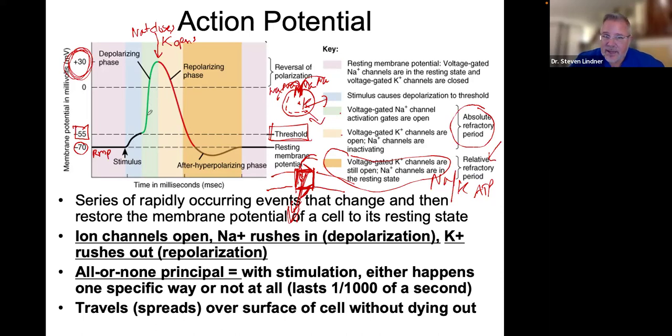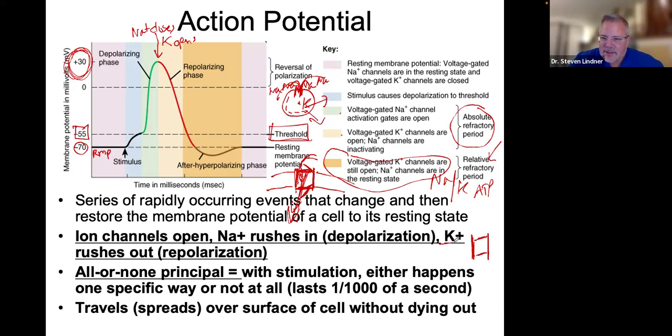But if the sodium gates are still open, you can't. The sodium gates have to close, both the activation and inactivation gate. What that means is, let's say this is the channel, and then this is a gate, and then this is a gate, so it has two gates.